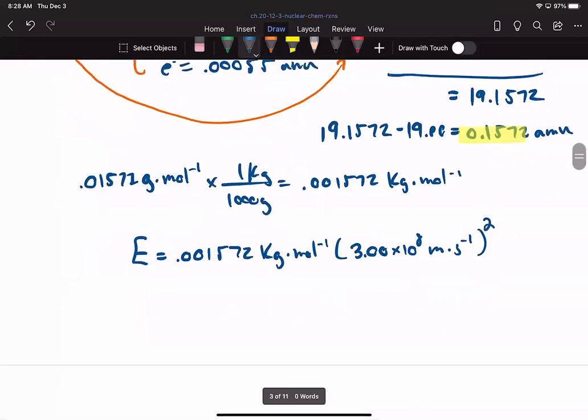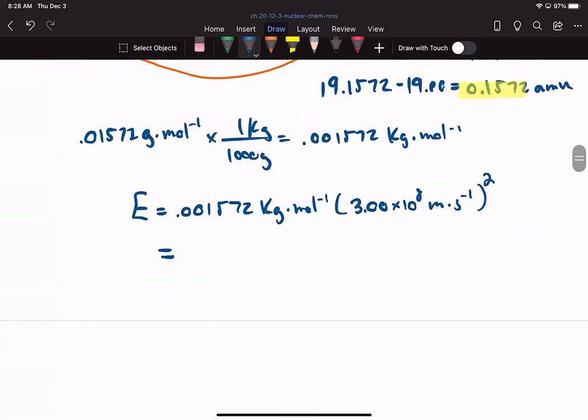All right, can somebody calculate that out for me? And our units are going to be kilograms per mole, meters squared per second squared. I got 1.4148 times 10 to the 14. So we'll just put 1.415 times 10 to the 14.